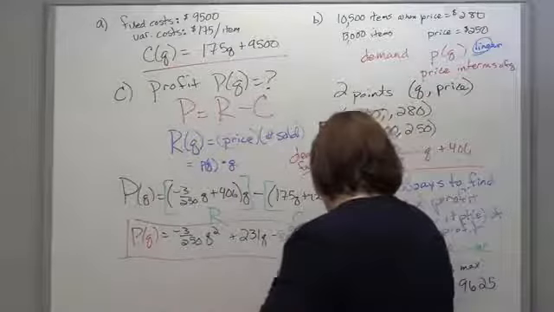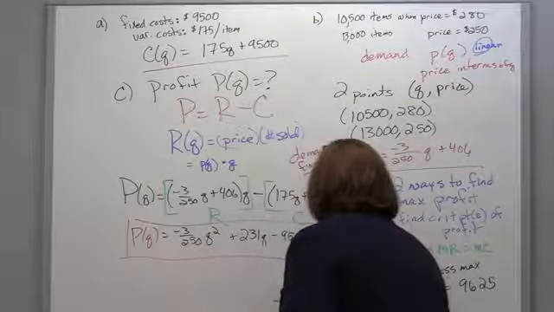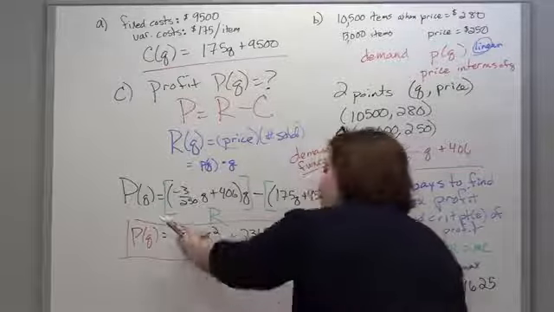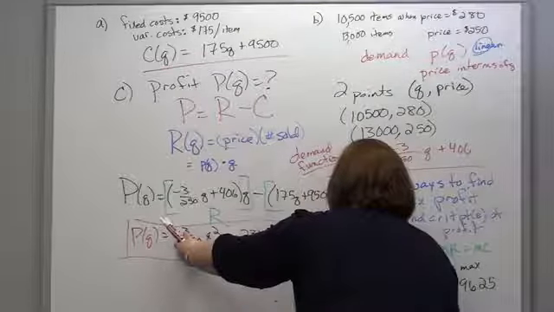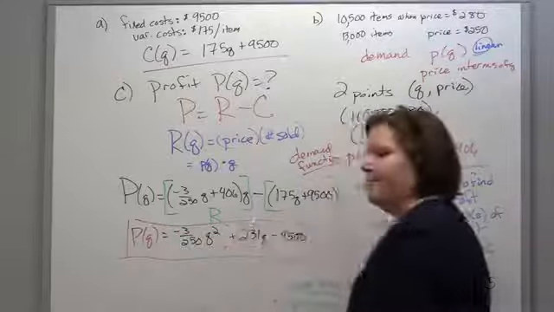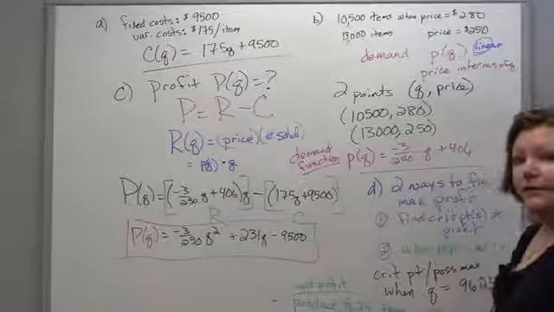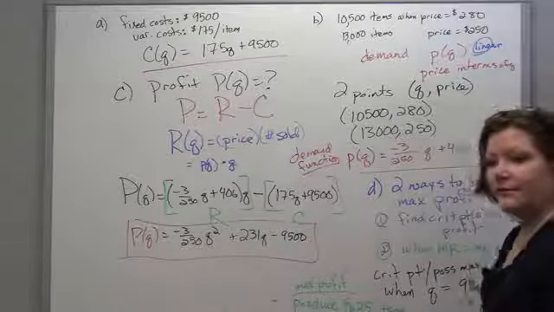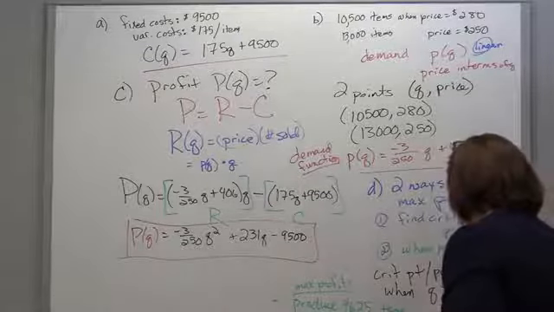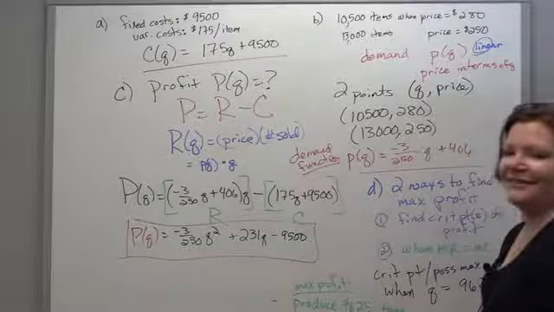And so our maximum profit, we have to plug 9625 into this profit function, and we get $1,102,187.50.